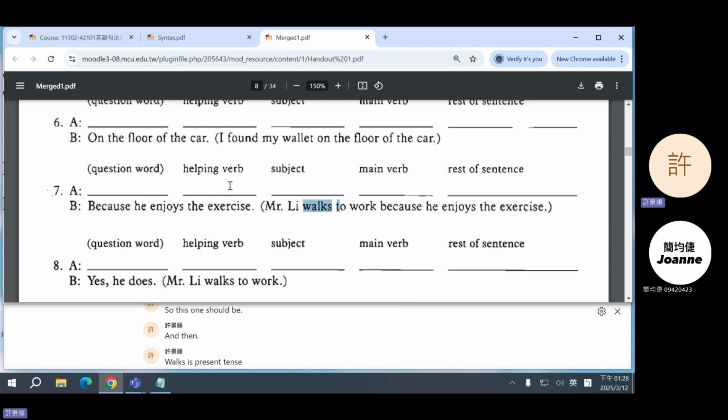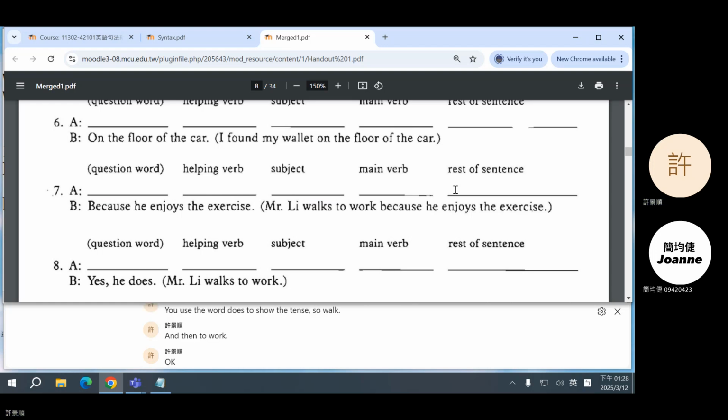So this word should be did, do, or does. Does. Good. And then the subject, Mr. Lee, the verb now in its original form because you use the word does to show the tense. So walk and then to work.